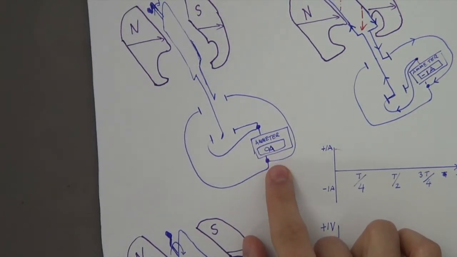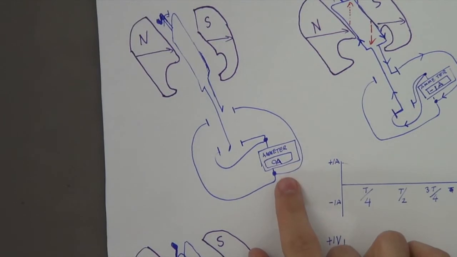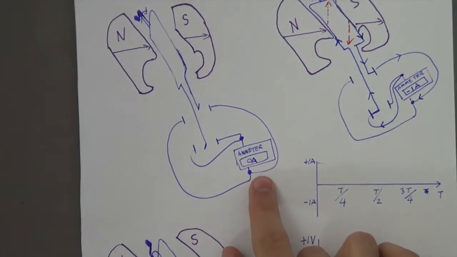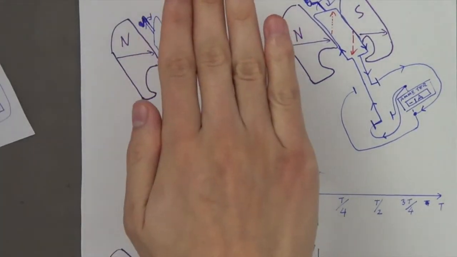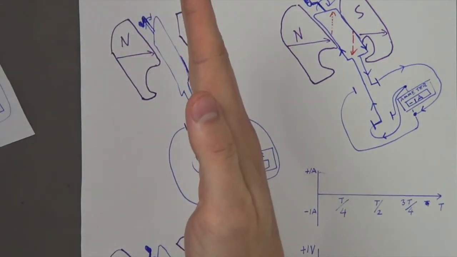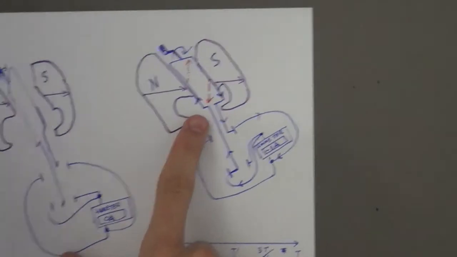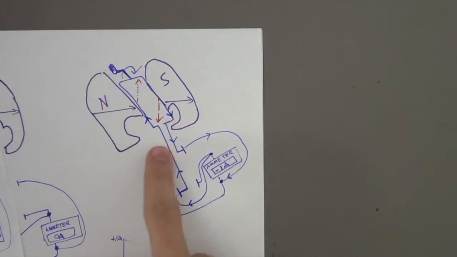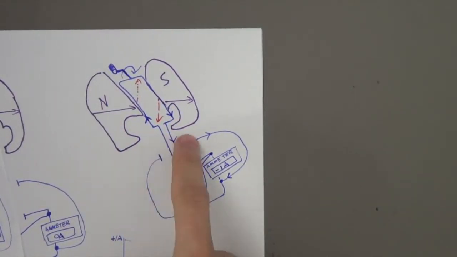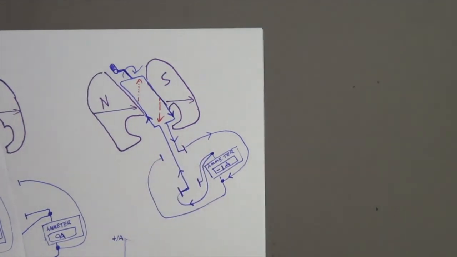So we're now at a quarter of a stage through our cycle. Let's go halfway. Let's recap. First we start off like that, a quarter, now we flipped over like that. So we're on here now. The ends of the wires have flipped.